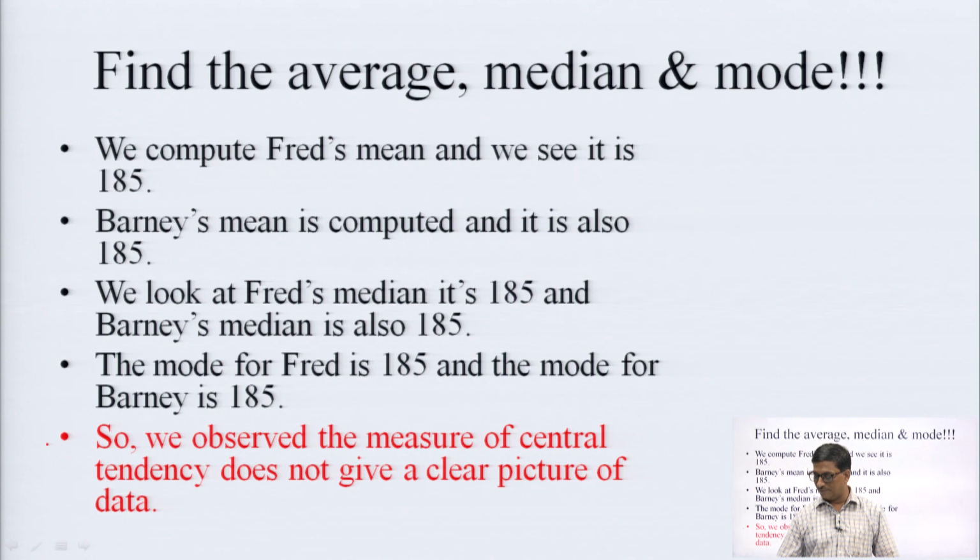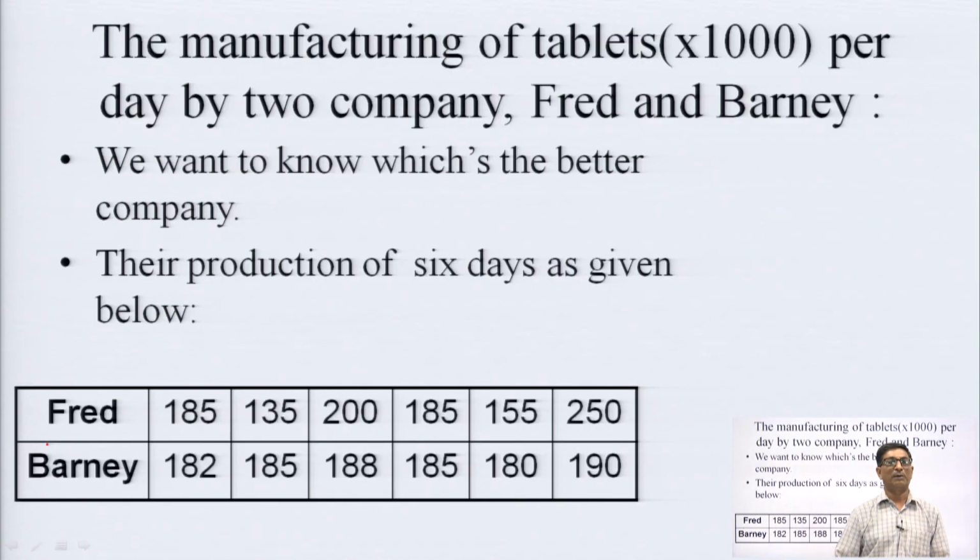The minimum number of tablets by Fred is 135,000 and for Barney is 180,000, and the maximum for Fred is 250,000 and for Barney the maximum is 190. So, you see there is more variation in Fred's data in comparison to Barney's.